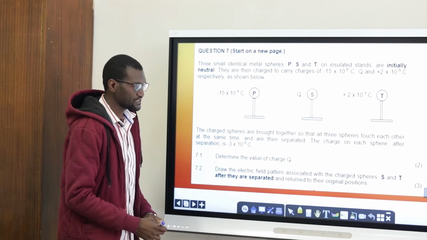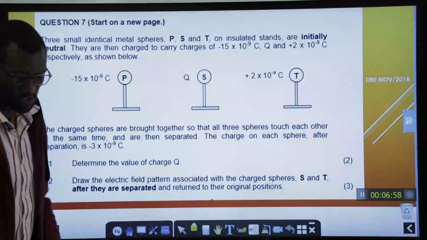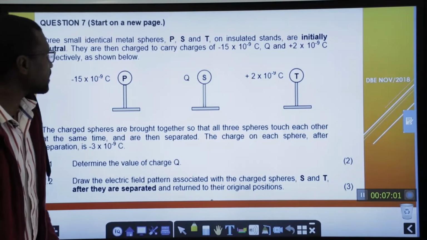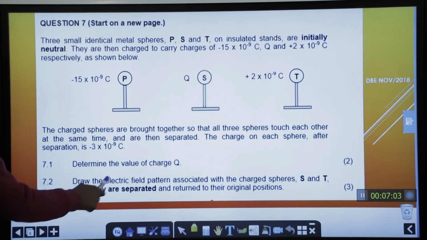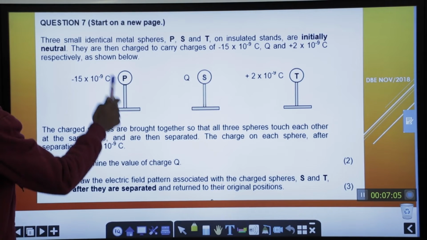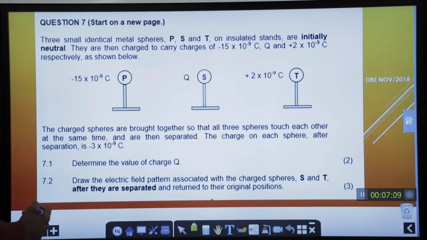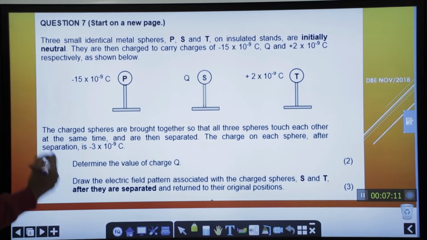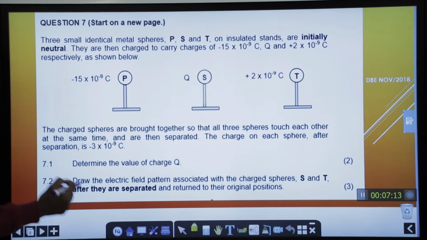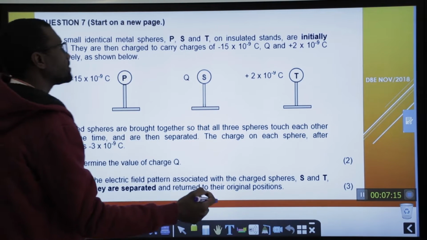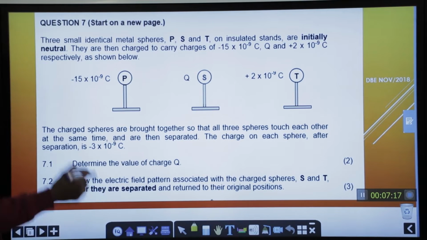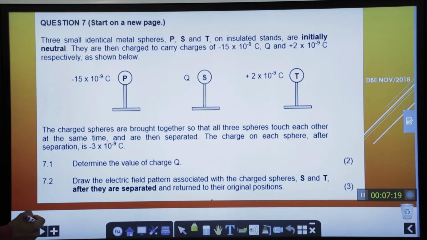Here is a question, taken from November 2018, and it's asking us to determine the value of Q. There are 3 small identical metal spheres, P, S, and T, on insulated stands, that are initially neutral.